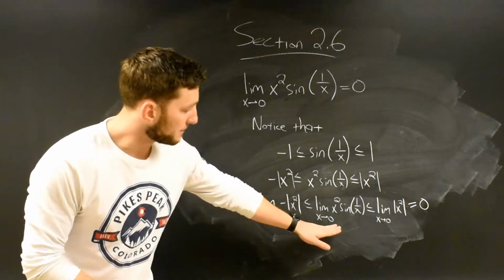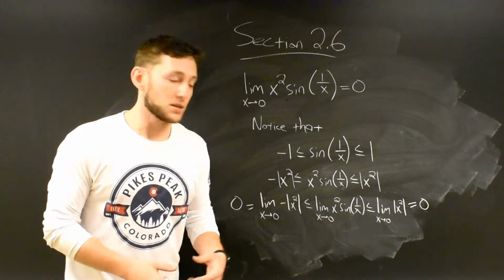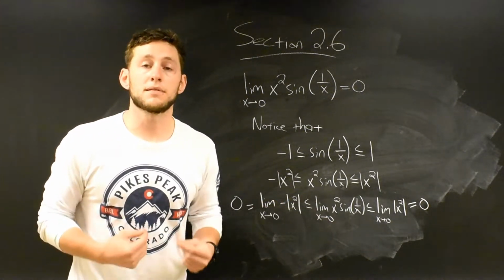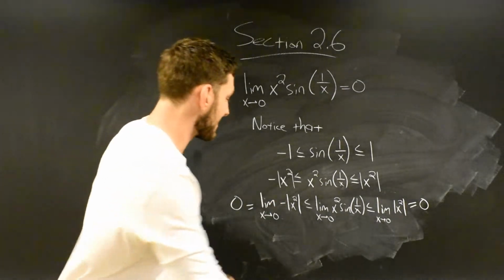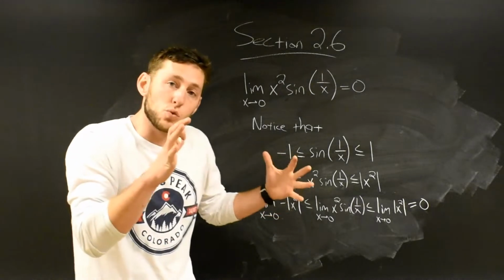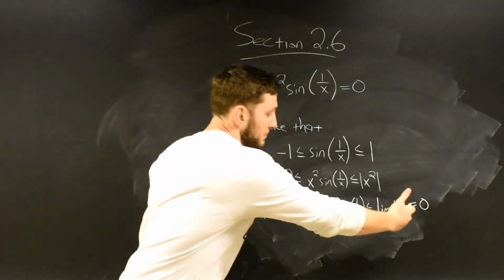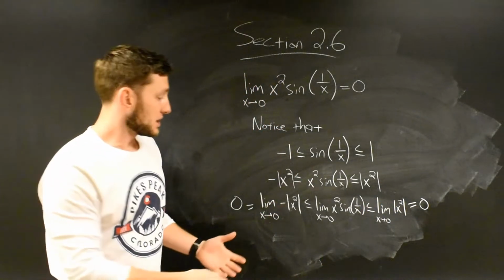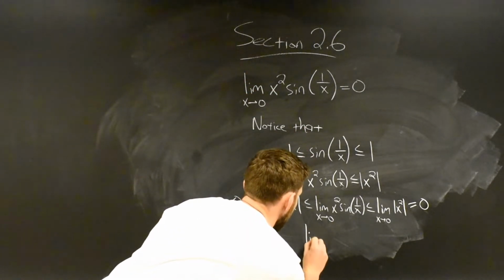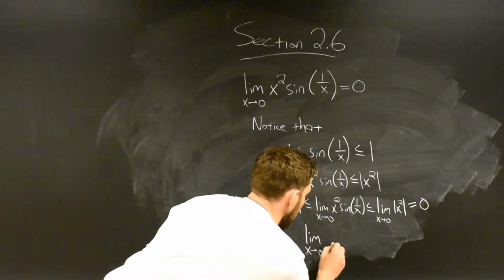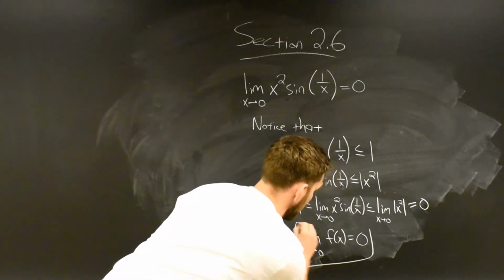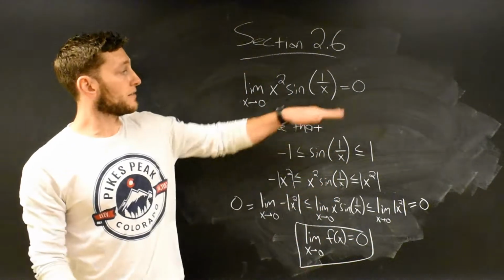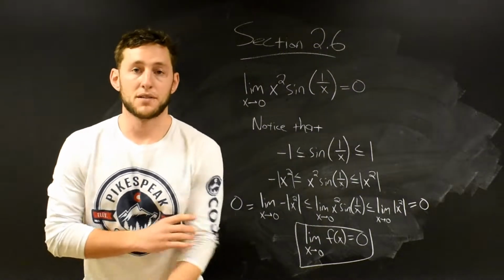If you had to be a number, like this guy is, between 0 and 0, you have to be 0. It's the only number between it. So, based on this squeezing in from a lower and an upper function, we actually have that the limit as x approaches 0 of the thing we care about, which I'll shorthand as f of x, is 0, confirming our answer that we got graphing-wise.